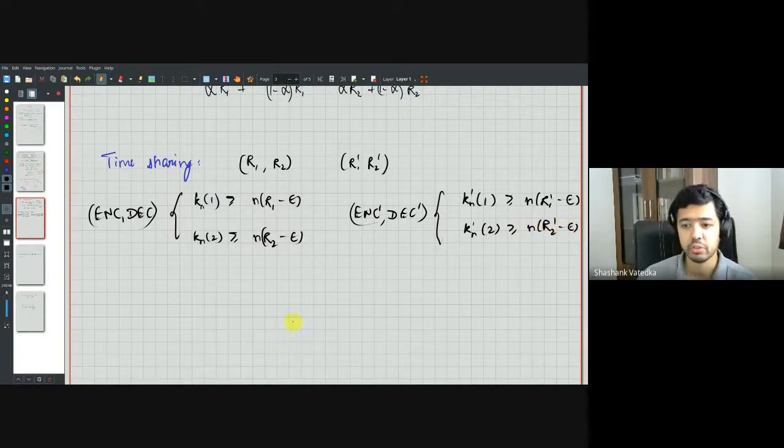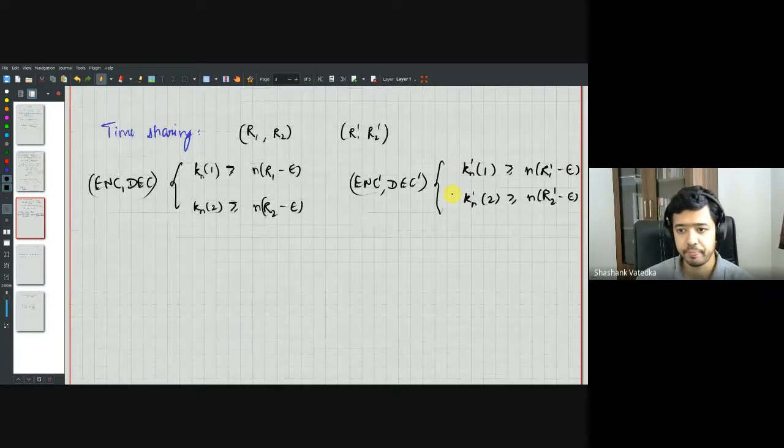So for all sufficiently large n, there is one encoder-decoder which lets transmitter 1 transmit at least n R1 minus epsilon bits and transmitter 2 at least n R2 minus epsilon bits, and there's another encoder-decoder which achieves the primed rates. This holds for all sufficiently large n.